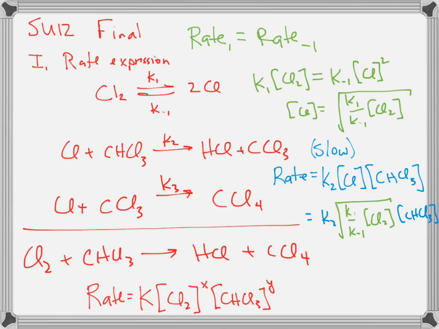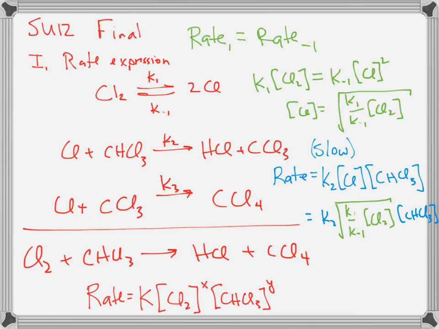Is that something in my overall equation? Yes. Do I know the concentration of Cl2? Yes. If I know those concentrations, I can look at the rate and I can then solve for this big knot of constants. I may not be able to solve for them individually, but I don't need to solve for them individually to make this useful. I just have to solve for the group. A constant times a constant is a constant. Divided by a constant, still a constant.